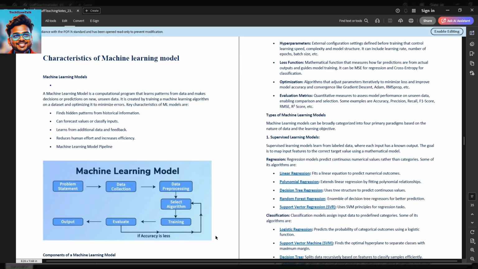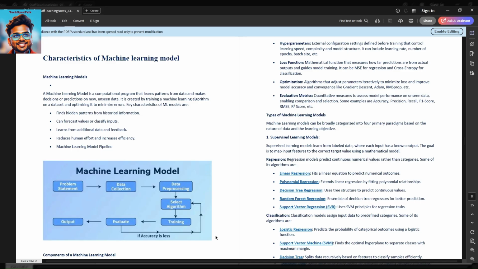Then optimization algorithms adjust parameters iteratively to minimize loss and improve model accuracy and convergence, like gradient descent, Adam, RMSprop, etc. And evaluation metrics are quantitative measures to assess model performance on unseen data, enabling comparison and selection. Some examples are accuracy, precision, recall, F1 score, RMSE, R squared score, etc.